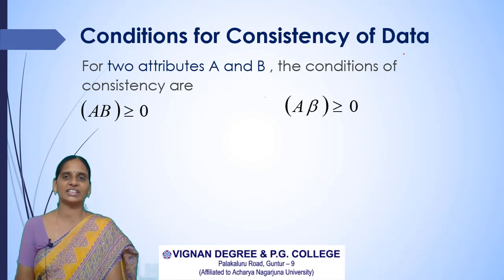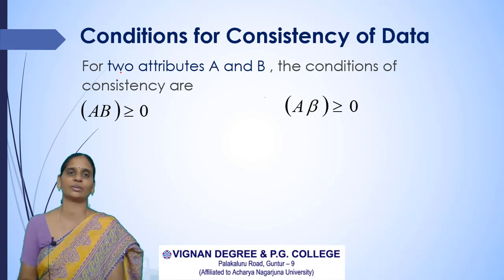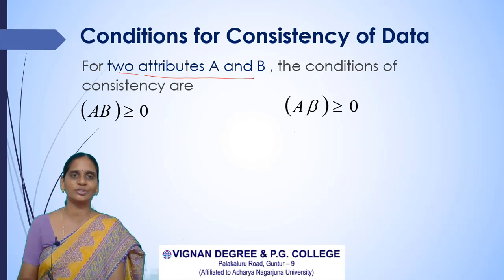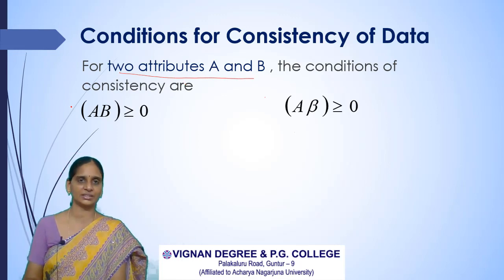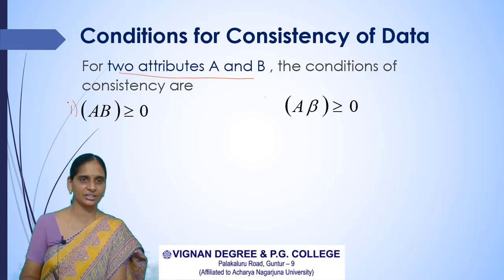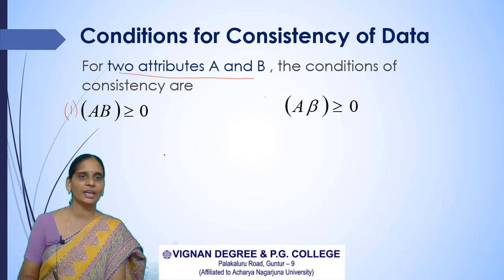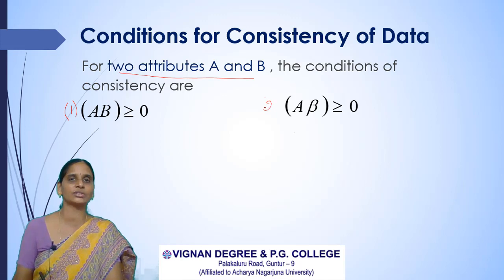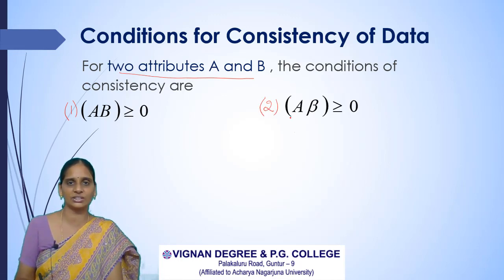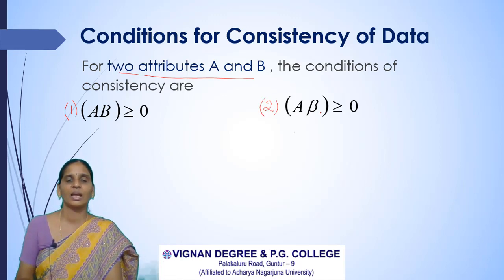Now the conditions for consistency of data for two attributes. Those two attributes are denoted by A and B. The conditions of consistency are, first condition, frequency of AB is greater than or equal to 0. And the second condition, frequency of A beta is greater than or equal to 0.